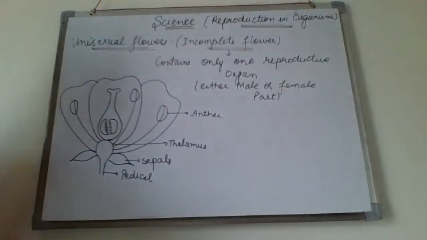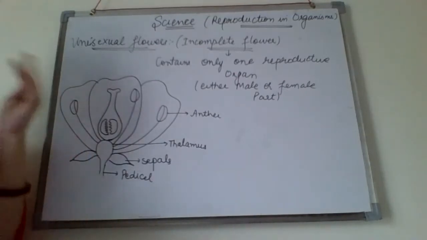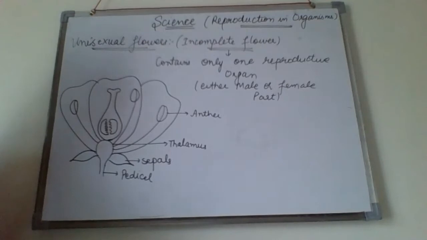So those flowers which contain only one reproductive part or organ, we call unisexual flowers. Uni means one, or we can say them as incomplete flowers.